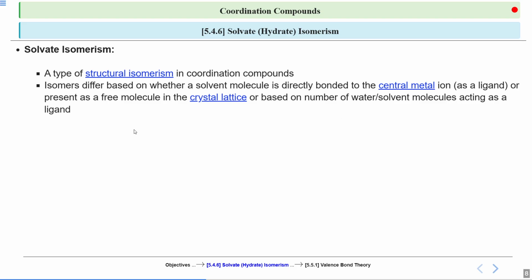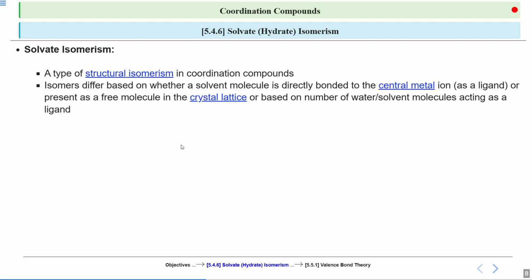So try to understand this definition: isomers differ from each other based on whether a solvent molecule, that means a water molecule, is directly bonded to the central metal ion, that is present as a ligand, or is present as a free molecule in the crystal lattice. You have to observe this between the two isomers to differentiate between them.